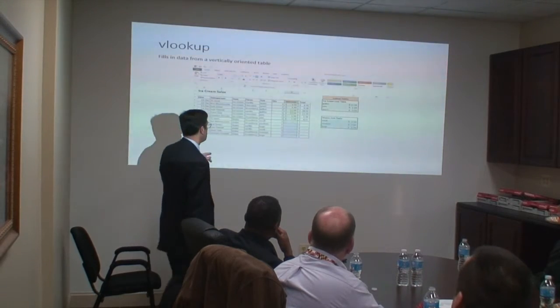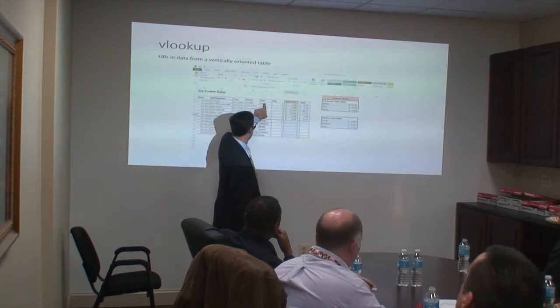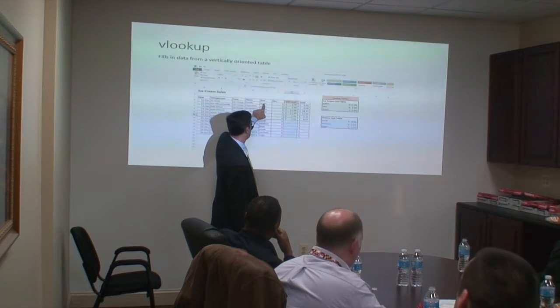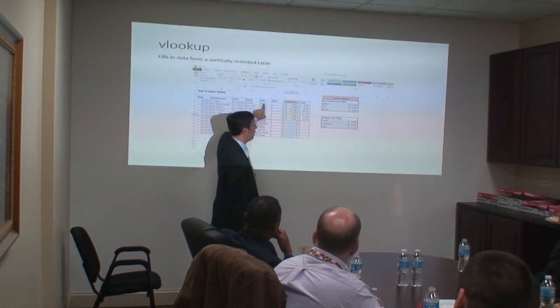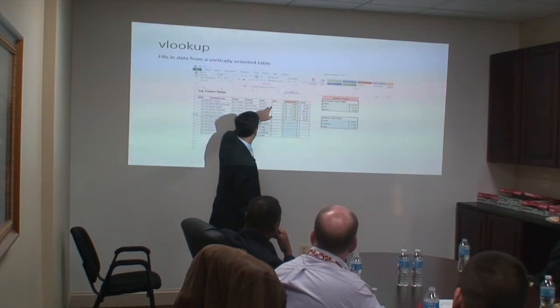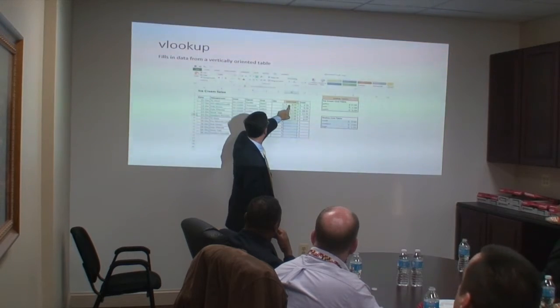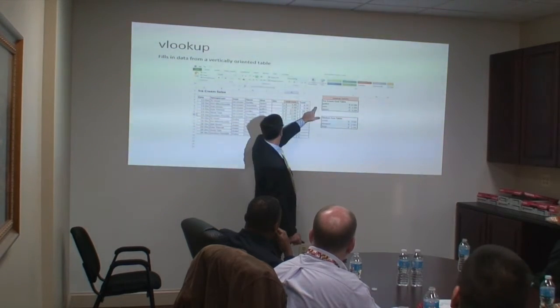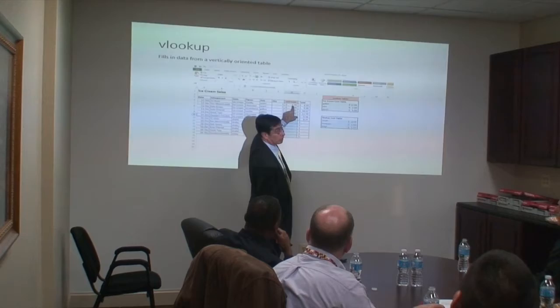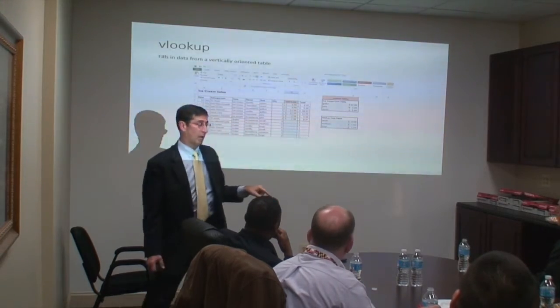I'm pulling from this cell in this VLOOKUP to go find court and bring back $4.99. Bring it back to where you want it. Right.